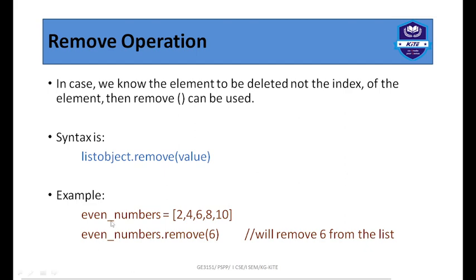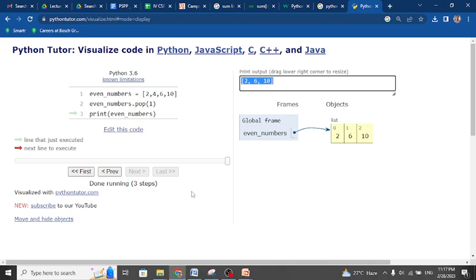If it's a larger list and we don't know the index, but we know the items of the list, the remove function will be useful.